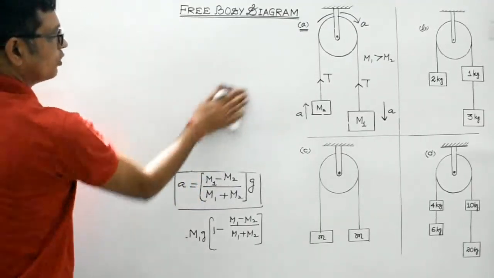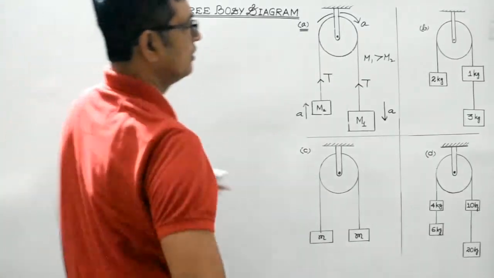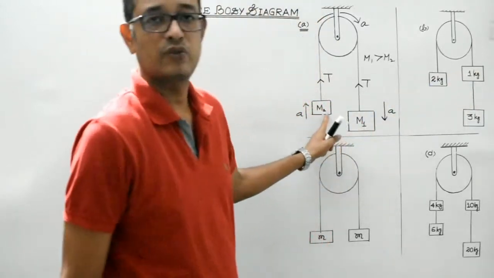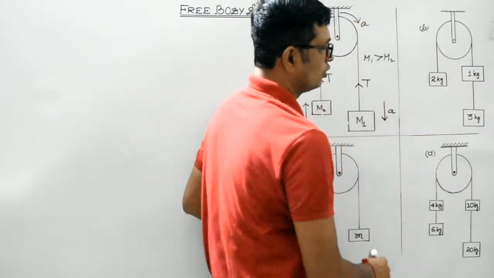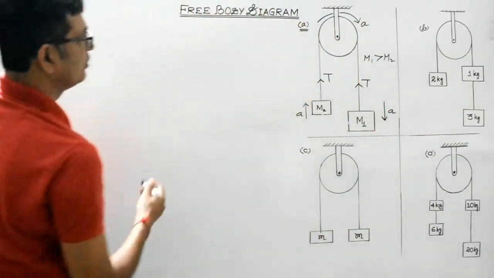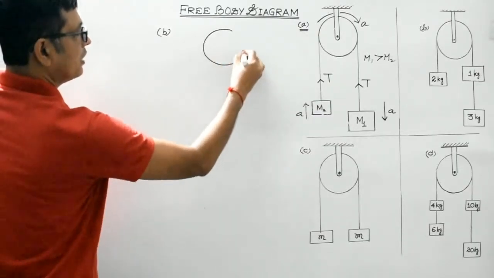So first and foremost, logically what we'll do is, we'll simply try to convert the system into this one. Since the strings are given to be massless, we can convert it like this. This is the pulley under consideration.